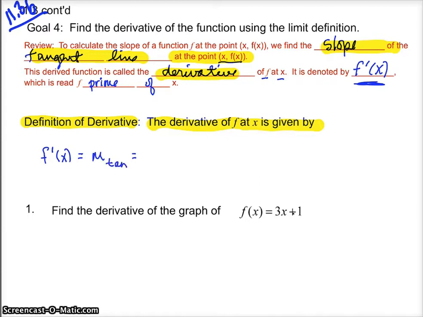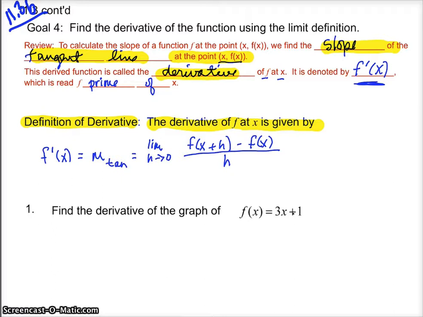And recall from yesterday, in order to calculate the slope of the tangent line, we have to calculate the limit as h approaches 0 of f of x plus h minus f of x, remember that represents in your slope y2 minus y1, divided by h, and remember h represents x2 minus x1.